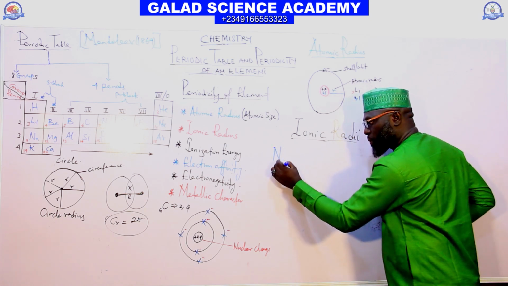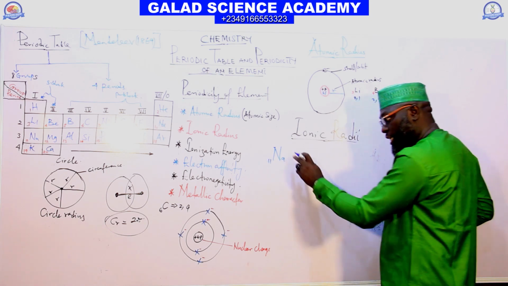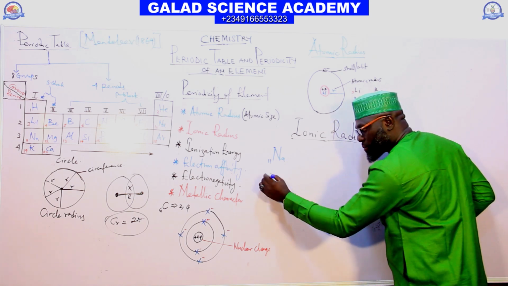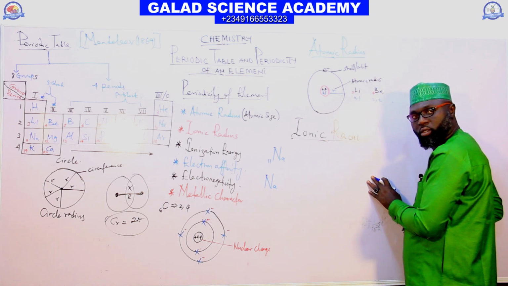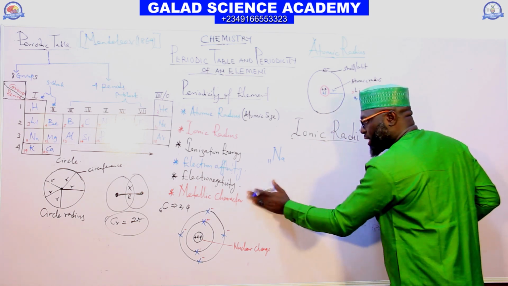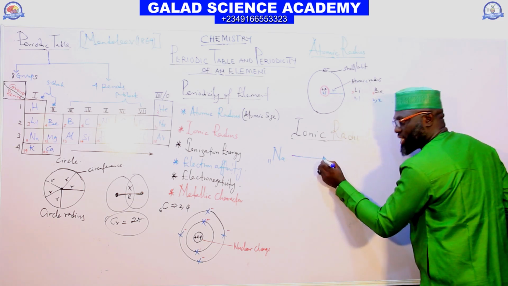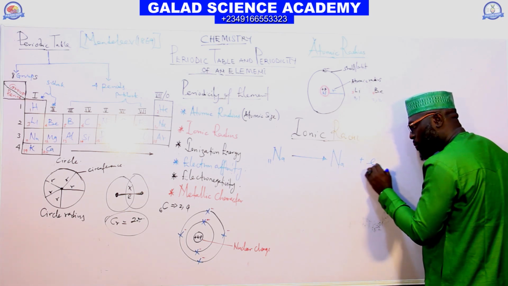We have sodium, Na, which is 11. This is a sodium atom. When this sodium atom is ionized, it gives us Na plus 1 mole of electron.